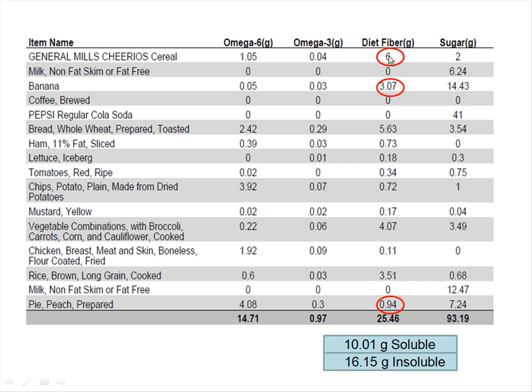So I said, okay, Cheerios is soluble, bananas are fruit, so they're soluble, and peaches are soluble because the crust here is going to be white, probably white flour, so there's nothing there. So we're going to consider those the peaches. I add those up and get 10 grams of soluble, with a total of 25 grams of fiber. That leaves me with about 16 grams of insoluble.